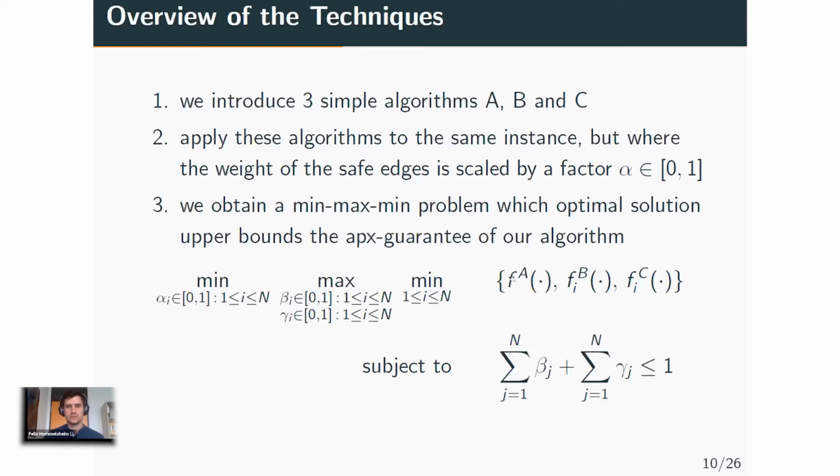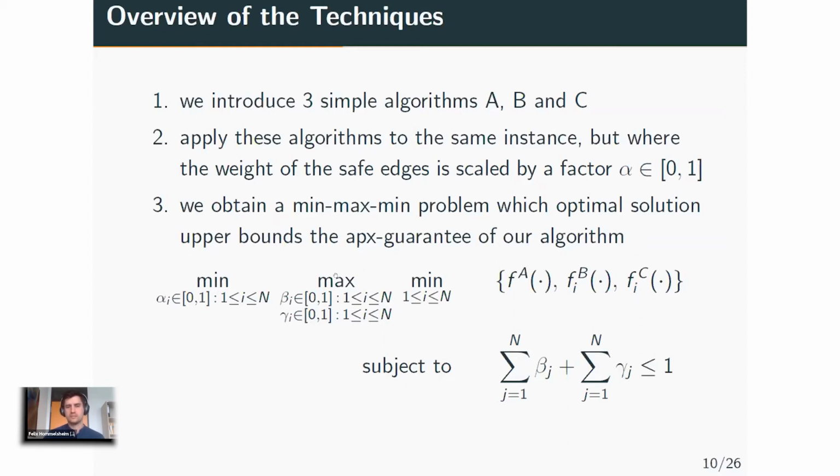Just to mention some of the variables here, FA is an upper bound on the approximation guarantee of algorithm A. FB and FC are also upper bounds on the approximation guarantee for B and C, where here we have the index i for the different scaling factors.